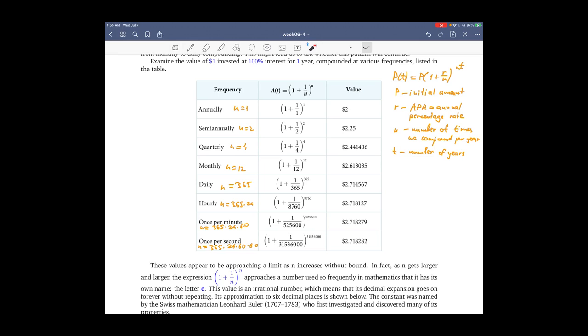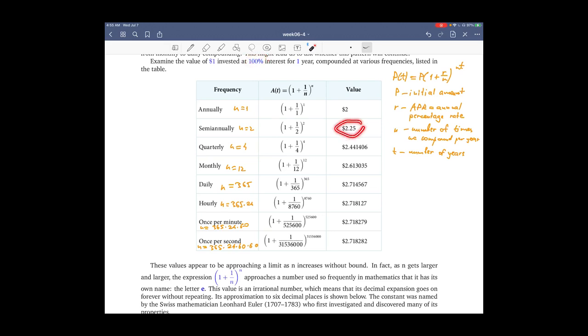And if you view this as usual annual investments, the rates are actually not what they are if you view them as frequent, with frequent compounding. For example, look at these $2. This is truly an annual percentage rate of 100%.